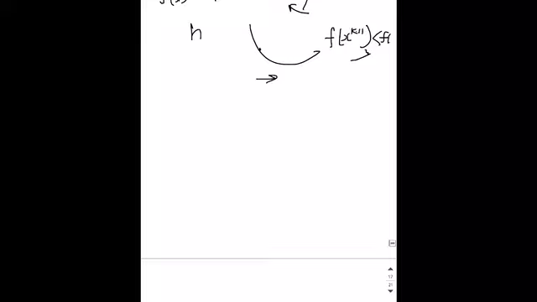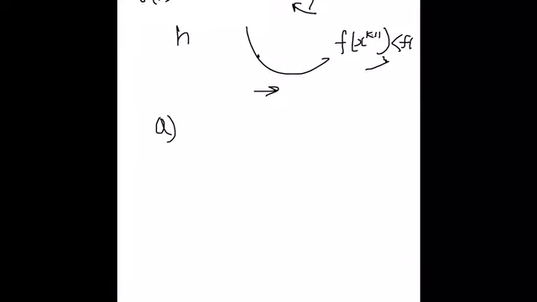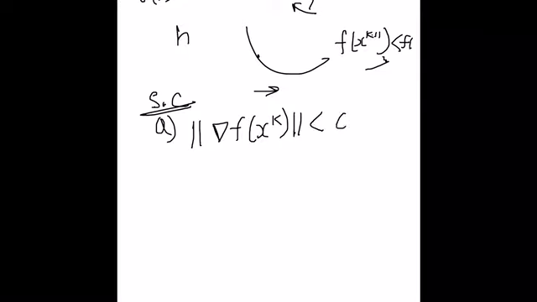What is the stopping criterion? There are different criteria that are used in practice. For example, one can take the gradient of f at x_k being very small, less than epsilon, a predetermined value.